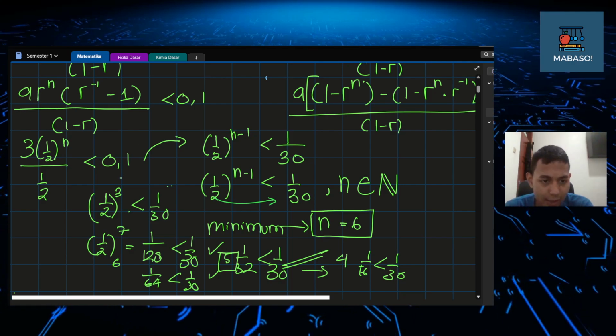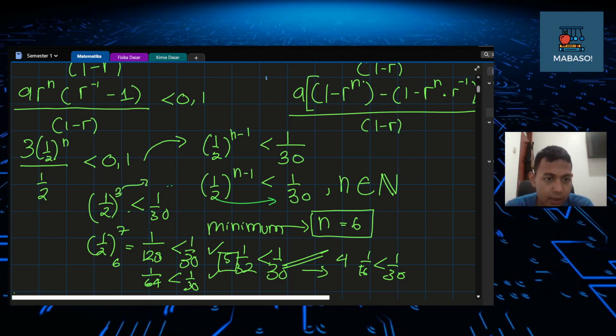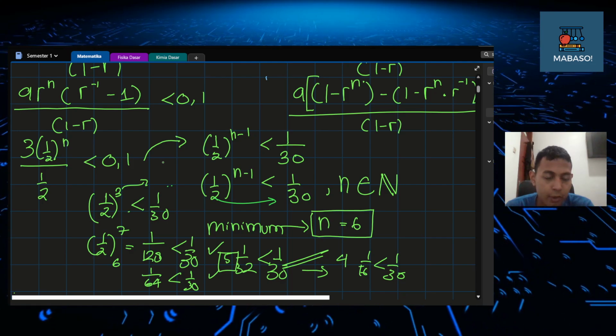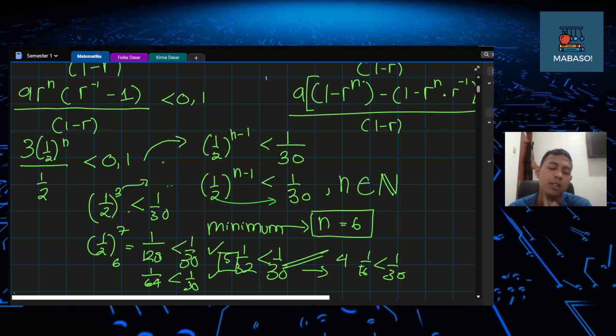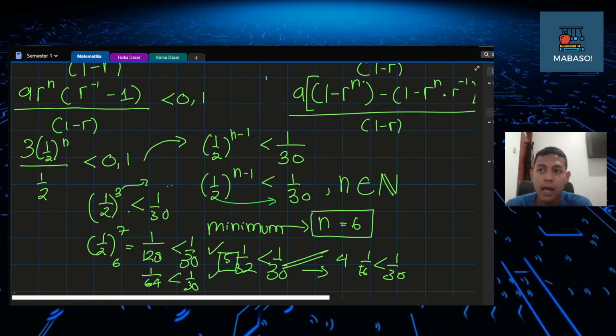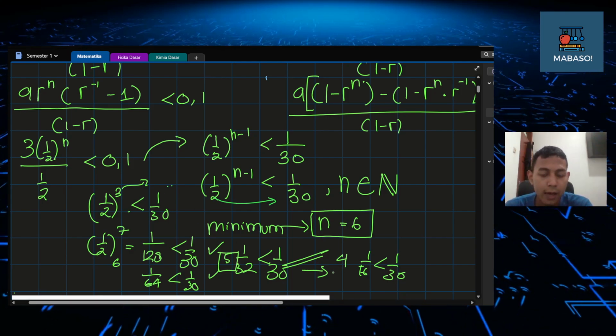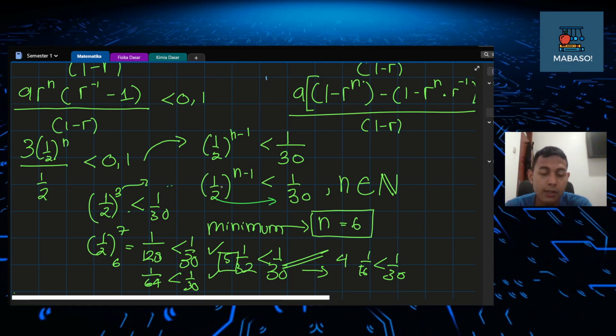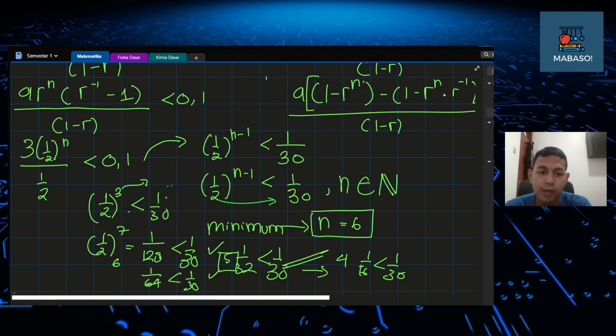It means that the power has to be 5 in order to be the smallest value, right?